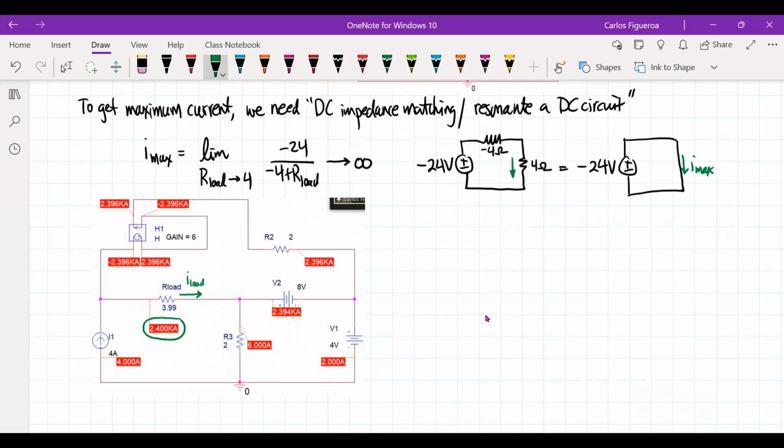It's 2,400 amps. If I continue to do 3.99999, that current gets bigger and bigger and bigger. So what we're seeing here is that Thévenin resistance being negative is a correct assumption in the way you calculate this thing.